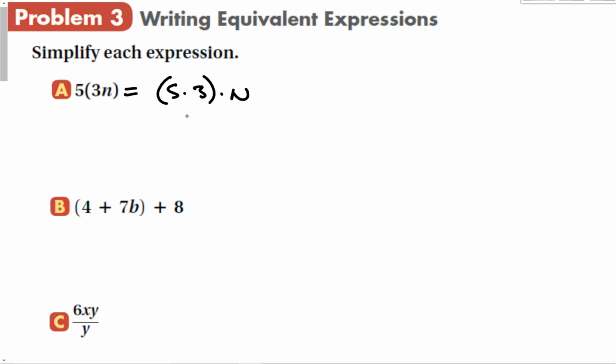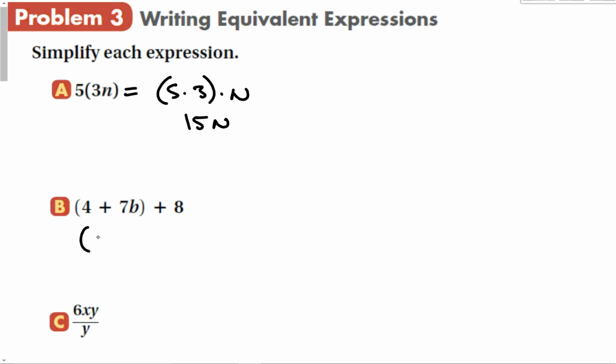The 5 times the 3 I can do first as a 15, and that multiplies together with the n. So this is going to be the associative property of multiplication that helps me multiply those two things together easily.